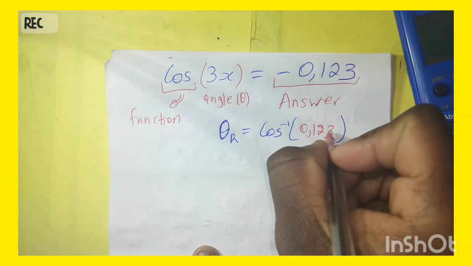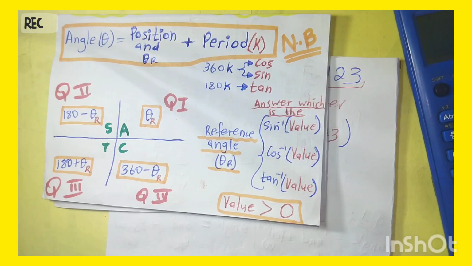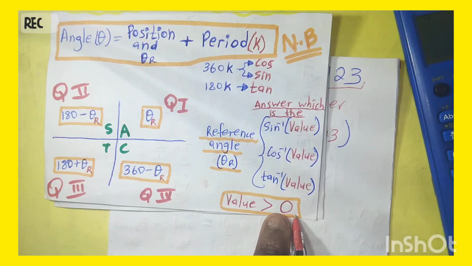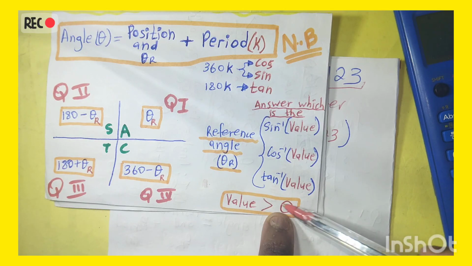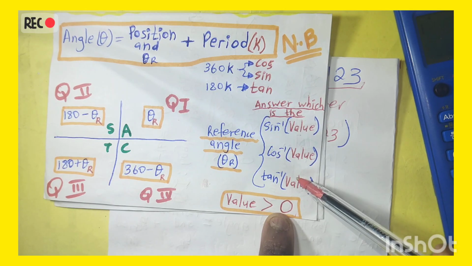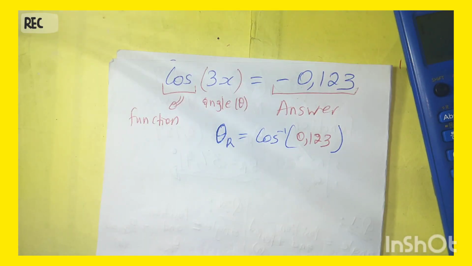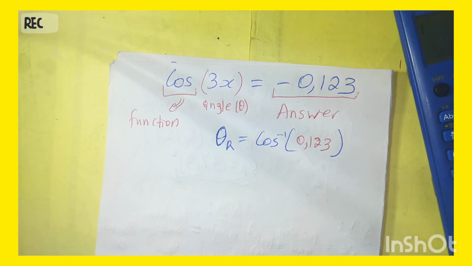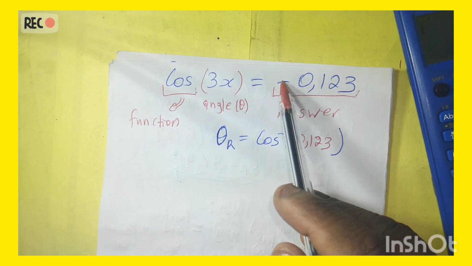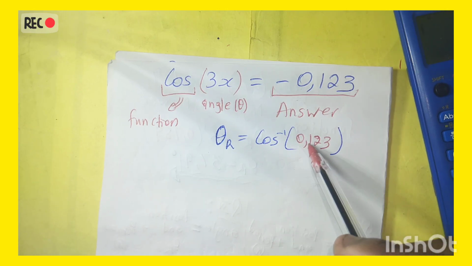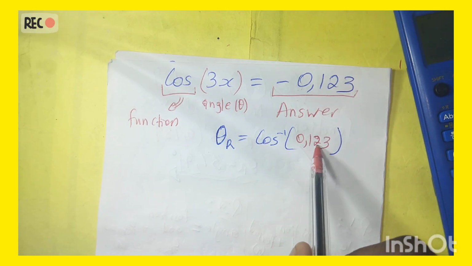Remember, when you substitute, that value should always be greater than 0, meaning positive, for you to get a reference angle. That is the reason I was saying that the negative has nothing to do with a reference angle. You only take the number and put it there.